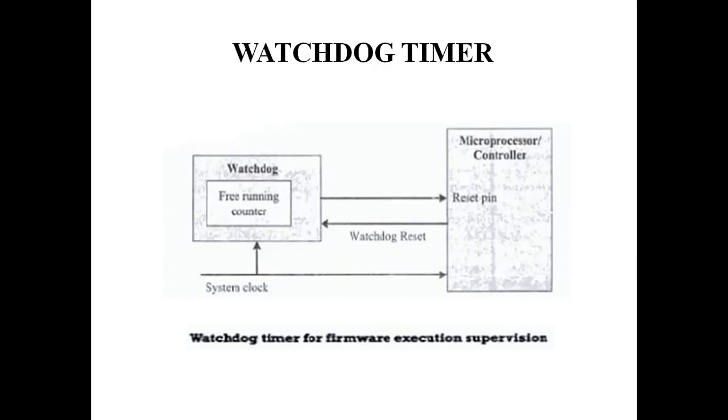If the watchdog counter is in the enabled state, the firmware can write a 0, which means it will start counting from 0. If it is in the disabled state, it will start counting from 1. That's what the watchdog timer is.